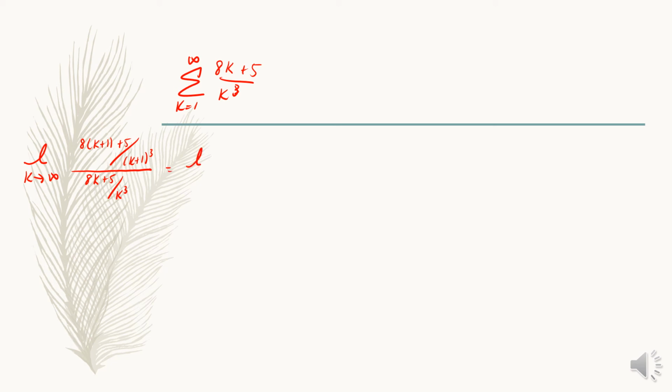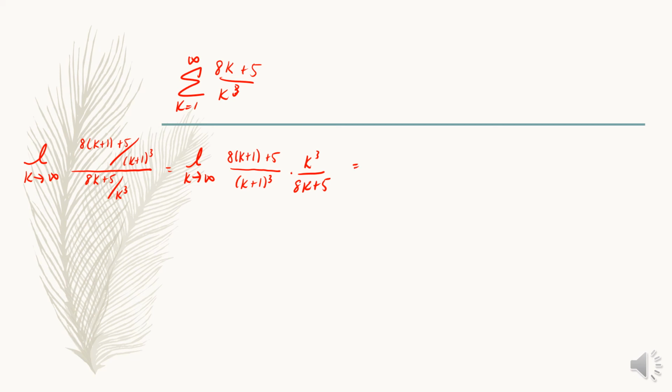So I'm going to do the same thing we've been doing. Take the bottom, flip it, multiply straight across. So I get 8 times k plus 1 plus 5 over k plus 1 cubed times k cubed over 8k plus 5.